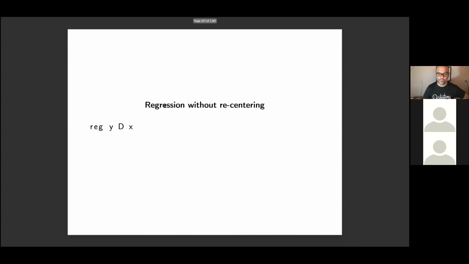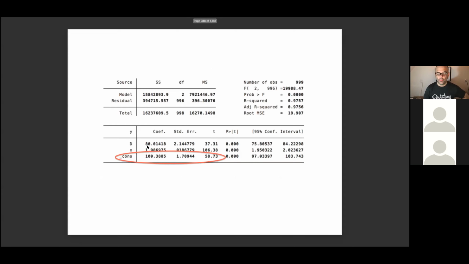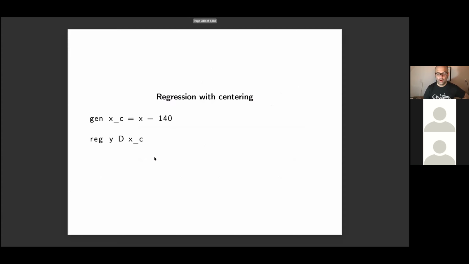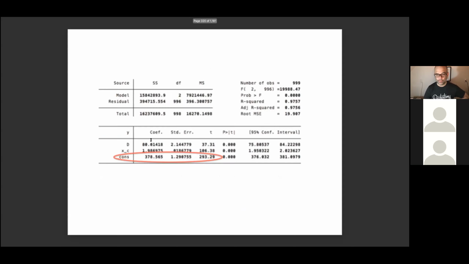So let's see, we regress Y onto D and X. What do we get? We get D is equal to 80, X is equal to 2, constant's equal to 100. Now we're going to recenter the data, generate XC equals X minus 140, reg Y D to X over XC, still 80, still 2, but now the constant's different.